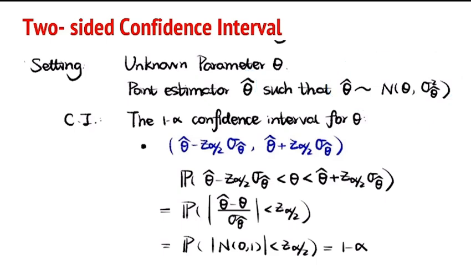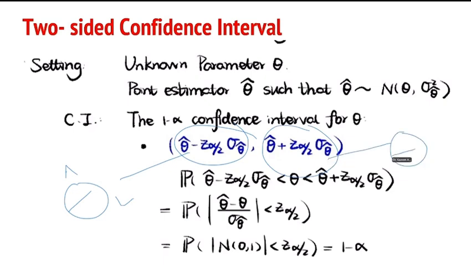If we're talking about two-sided, if you take a look at this, we have a lower bound and an upper bound. That's a two-sided confidence interval. This one represents theta cap L, and this one represents theta cap U, the lower and the upper.